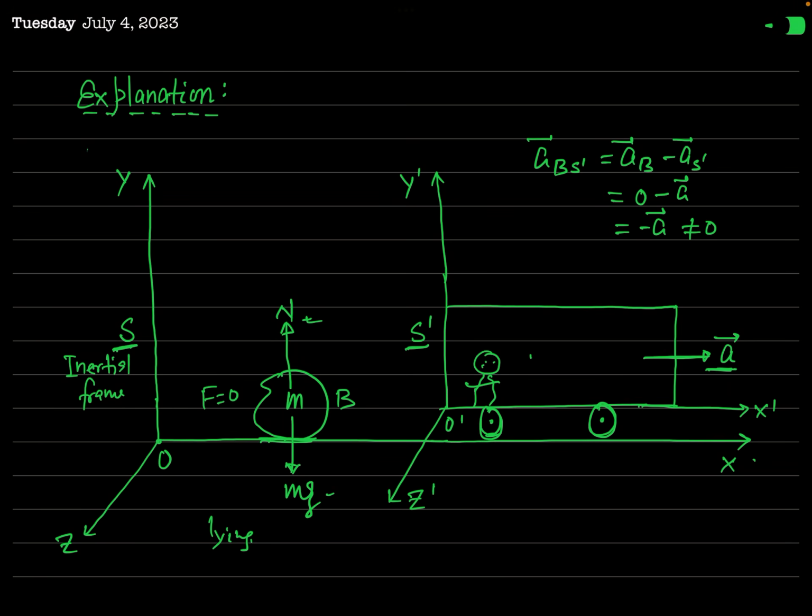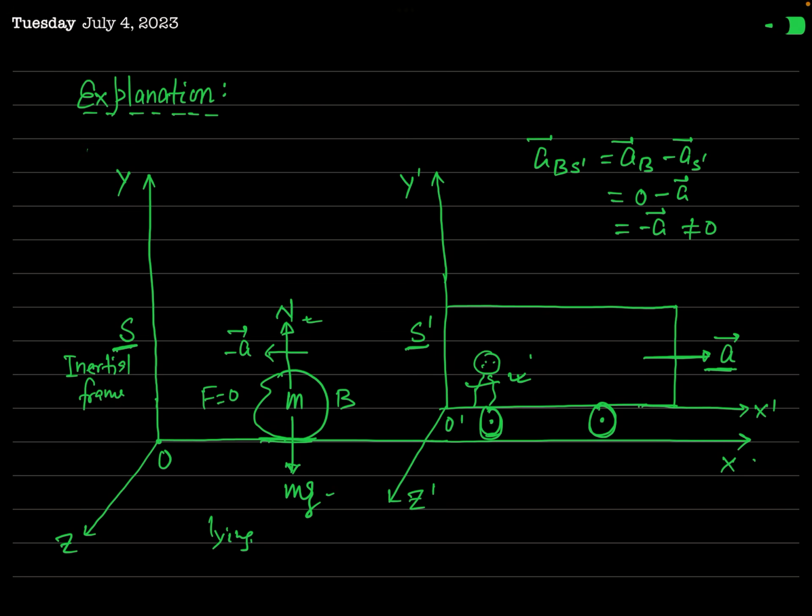It means if you ask the observer in frame S dash what is the acceleration of body B with respect to your frame, his answer will be minus A. He will say that acceleration of body B is equal to acceleration of the vehicle A, but in the opposite direction. If the vehicle is moving towards the positive x-axis, the observer of frame S dash will find that this body is moving with the same acceleration in the negative x direction.